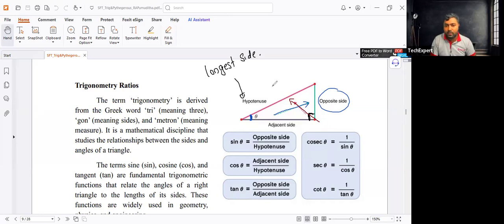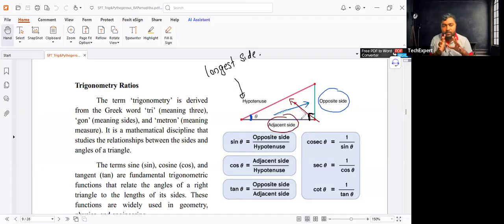If you look through the 90-degree angle, you can see the hypotenuse. If you look through the selected angle, you can see the opposite side. Then there is one side called the adjacent side. That is the remaining one.